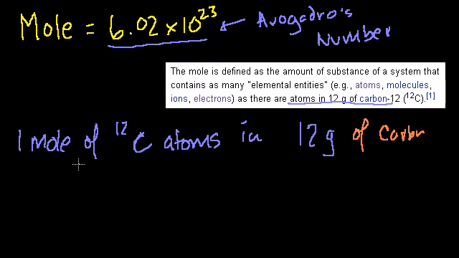And so that's why a mole is useful. Instead of writing 1 mole, I could have written there's 6.02 times 10 to the 23 carbon-12 atoms in 12 grams of carbon.